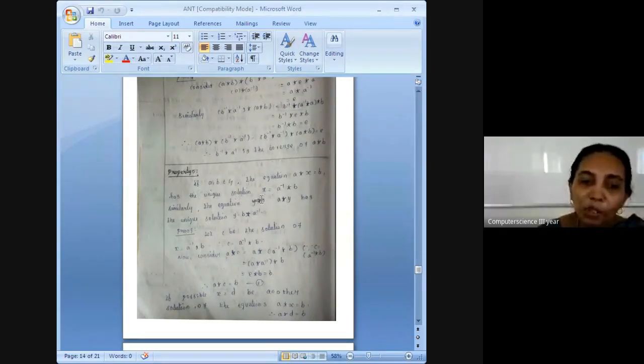Here they have already found one solution: X equal to A inverse star B. We need not calculate it here.